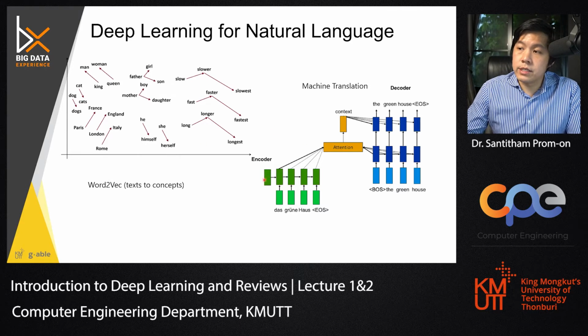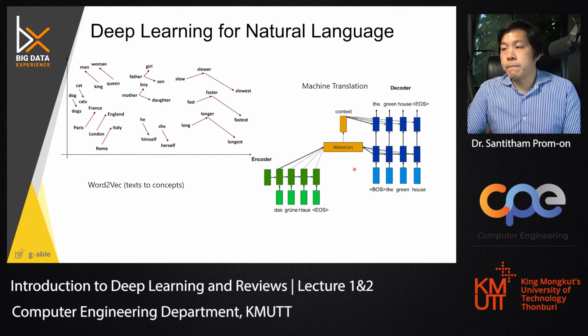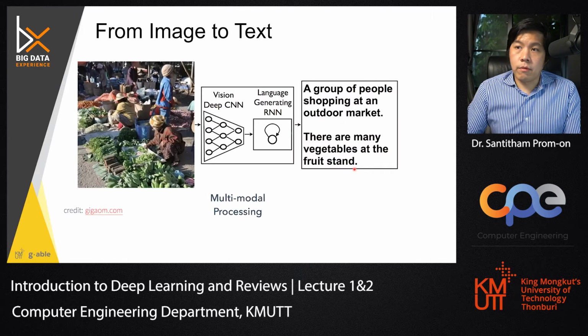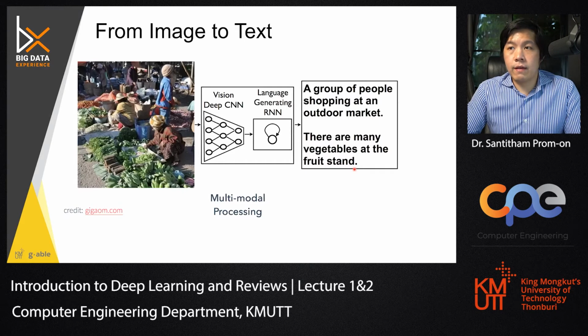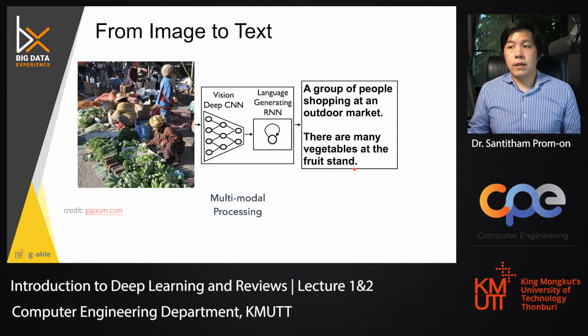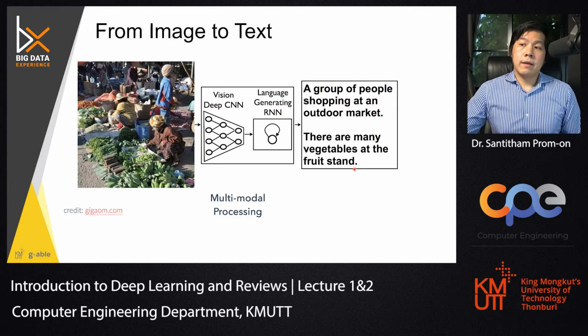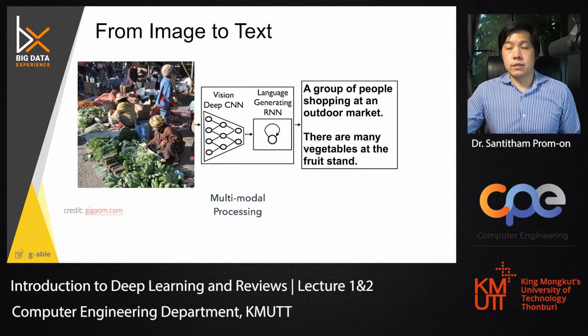There is also machine translation, attention, and the transformer, the latest technique that allows you to perform sequential modeling that captures the context in the sequence. Combining them together, you may have a model that learns from an image and then generates language by plugging the convolutional structure together with the recurrent structure.